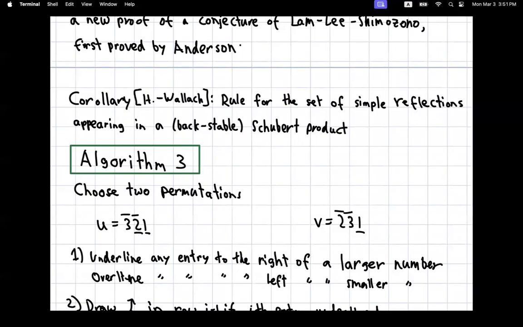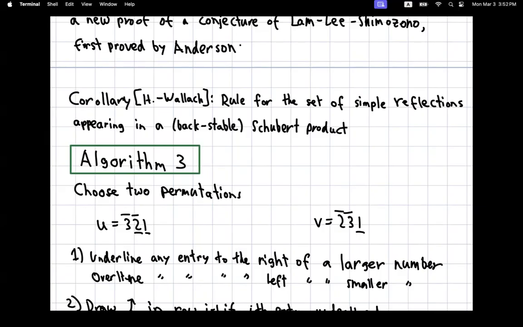And then in between, in all non-trivial cases, every simple reflection in between is going to be part of some expression, except in the case where they factor in some trivial way. But the point is that the following algorithm tells you exactly what simple reflections appear in such a product.